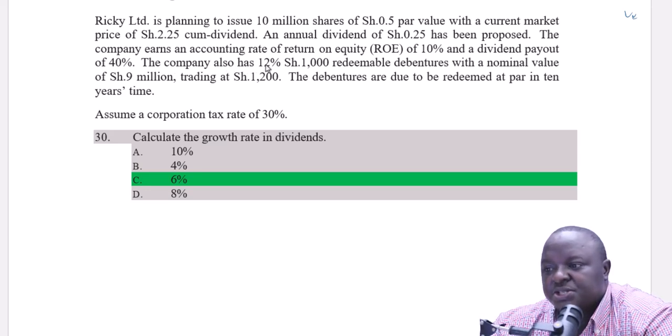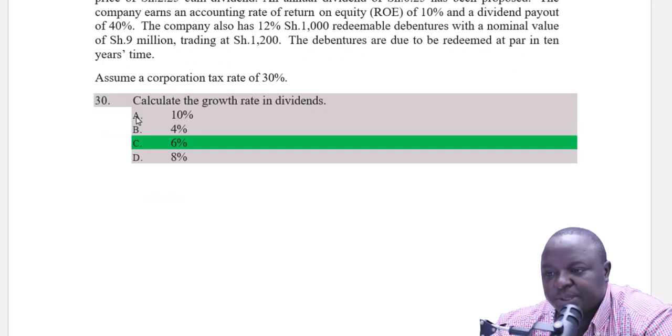The company also has 12% redeemable debentures of 1,000 shillings with a nominal value of 9 million, trading at 1,200 shillings. The debentures are due to be redeemed at par in 10 years' time. Assume a corporate tax rate of 30%.